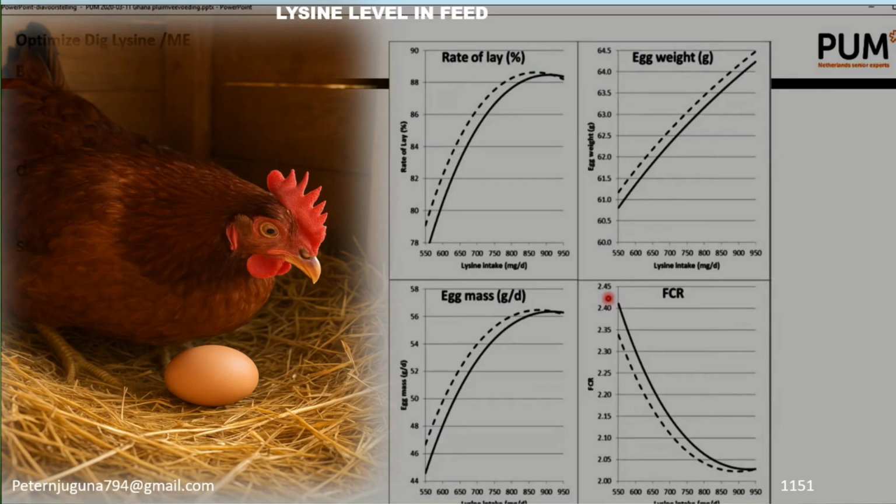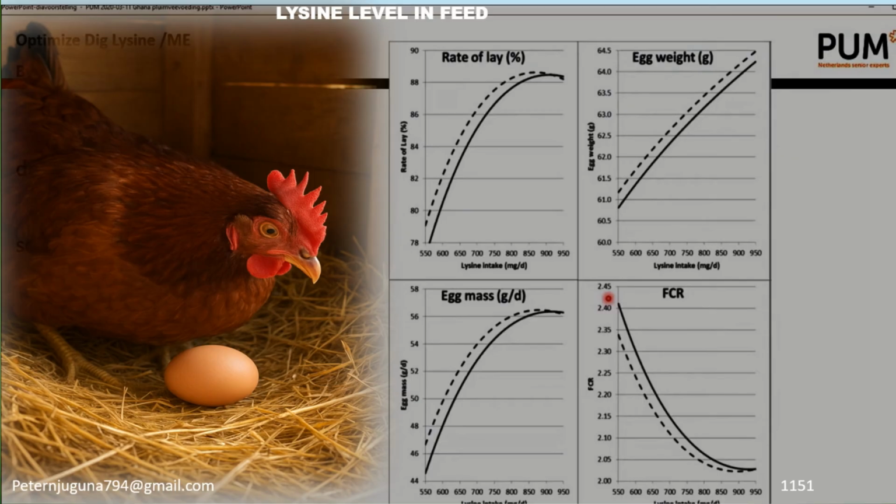And if you feed your layer with about 900 milligrams per day, you are going to get an egg with an egg weight of around 63.5 grams. So you can conclude from the graph that an increase in lysine is also increasing the egg weight.